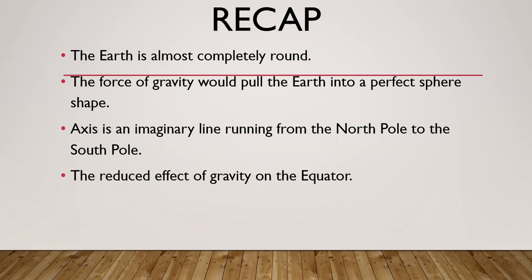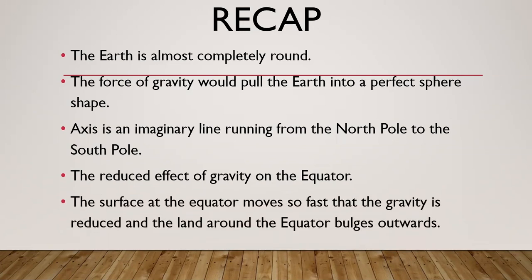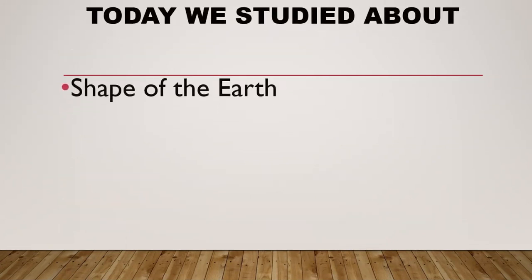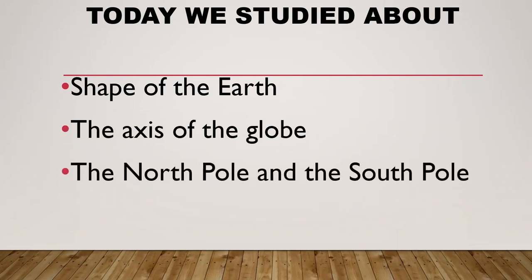And the most important point was that the reduced effect of gravity on the equator makes the area of the equator line bulge outward because of the gravity. So our Earth is flattened at the north and south poles, the top and bottom. So today we studied the shape of the Earth, the axis of the globe, the North Pole and the South Pole, and we also did a quiz.